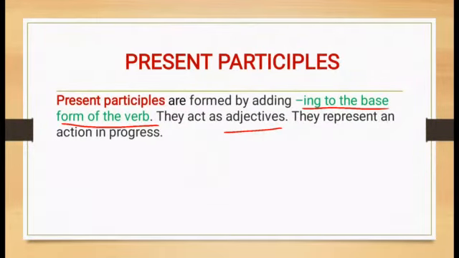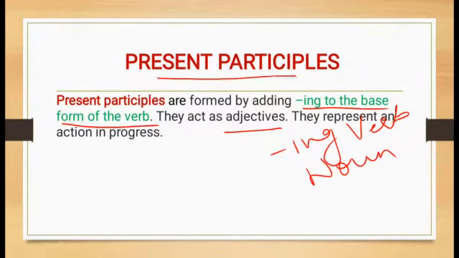Most of the children get confused between gerund and present participles. In a gerund, we have ing forms of verbs which act as nouns, but present participles are ing forms of verbs which act as adjectives.